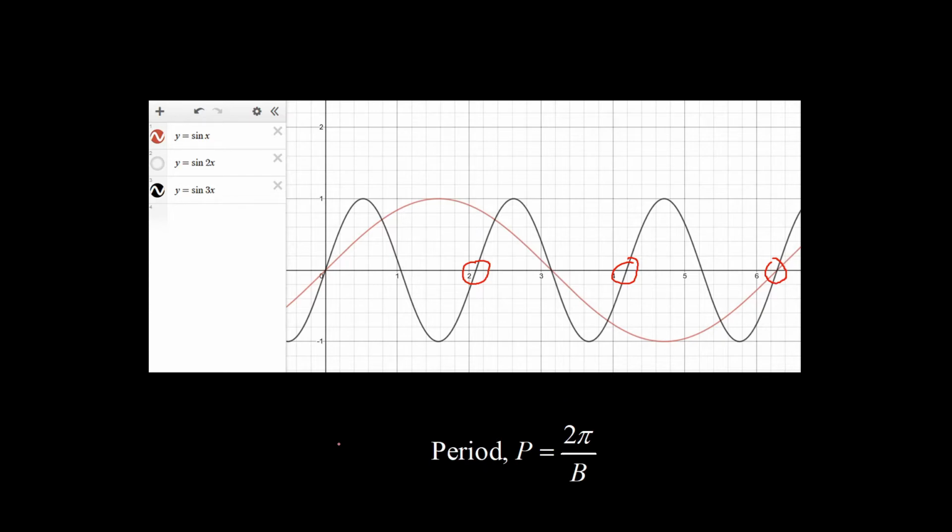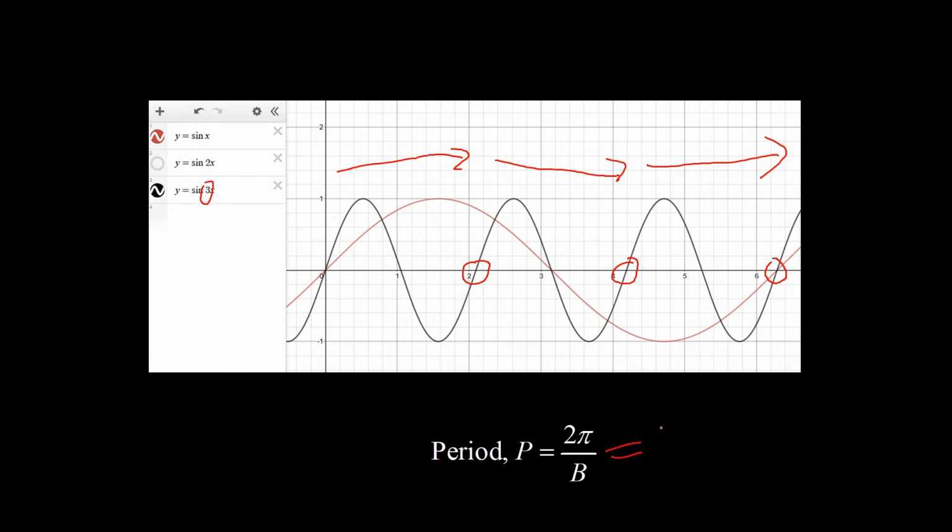And so we can conclude the period of the black line by comparing it to regular old sine. We can see that there are 3 periods for one period of the regular sine function. And b in this case is 3.